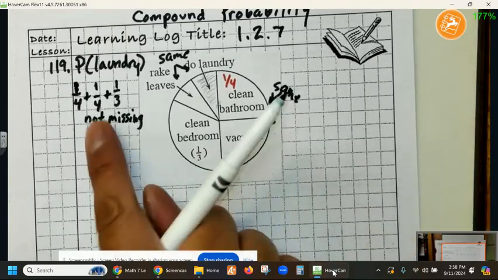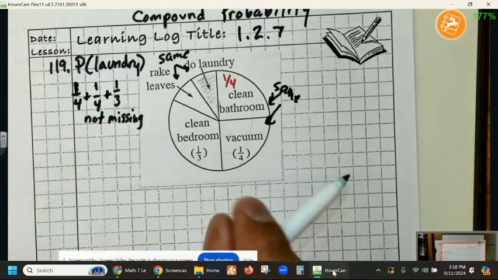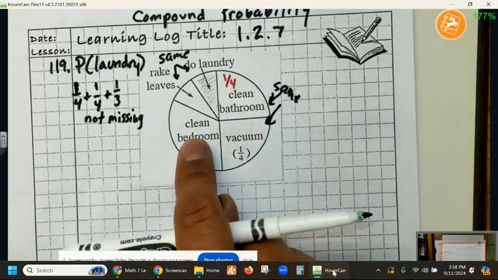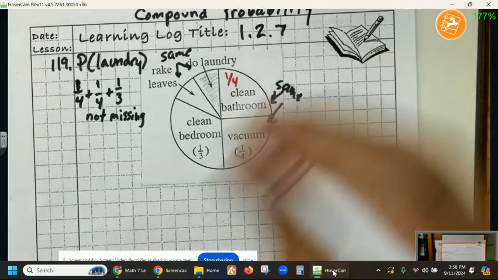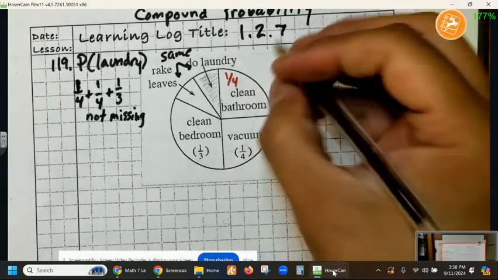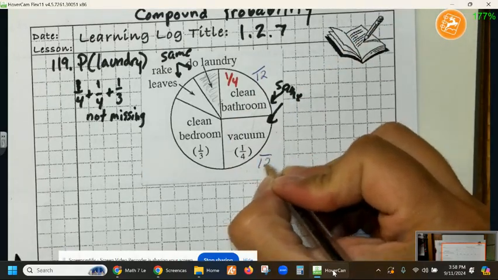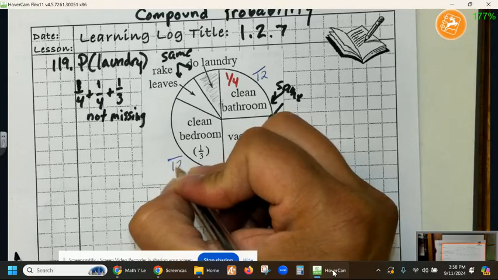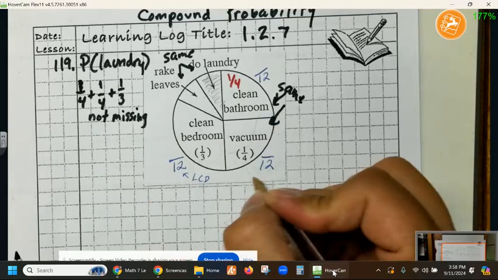So once we add them together, we should be able to tell what laundry is. So let's go ahead and add those up. First thing we need to do, we need to find a common denominator. So let's go ahead and change all these fractions. Common denominator is 12. So we're going to find, what are these fractions out of 12? This is the least common denominator.